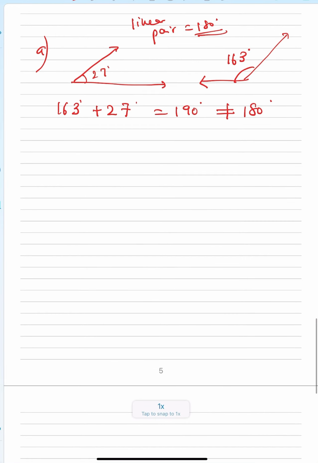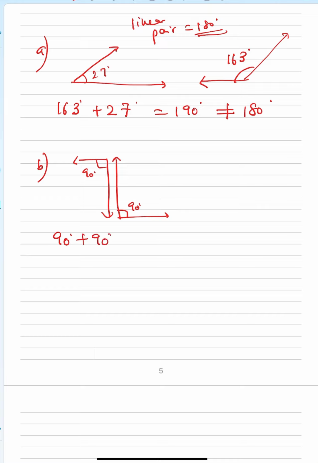Let us take one more example. This is 90 degrees, and the other one is also 90 degrees. Here we can say 90 plus 90 is equal to 180. So it forms a linear pair when placed side by side. Correct?